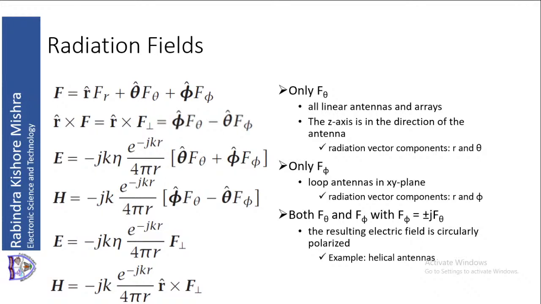They will not ask you to derive this in the examination, but remember it. And we have to find out what F theta and F phi are for different antennas. F is the radiation vector. Remember that it has three components, and F theta and F phi components we have to find out later. So with this, we come to the conclusion of today's class.